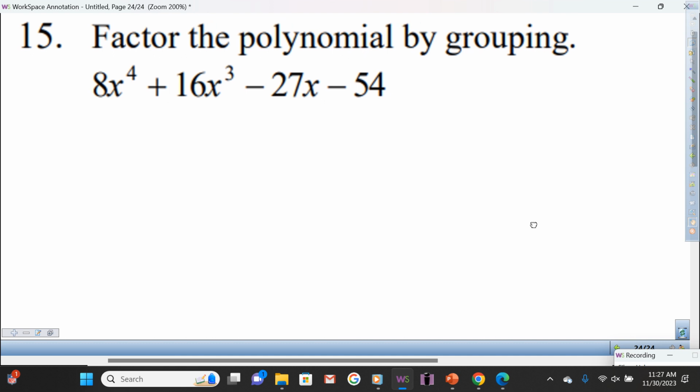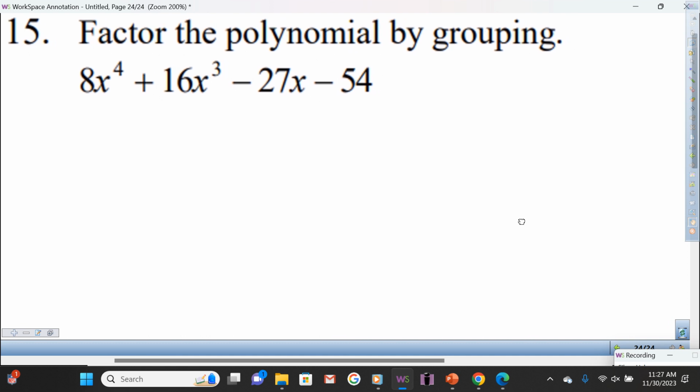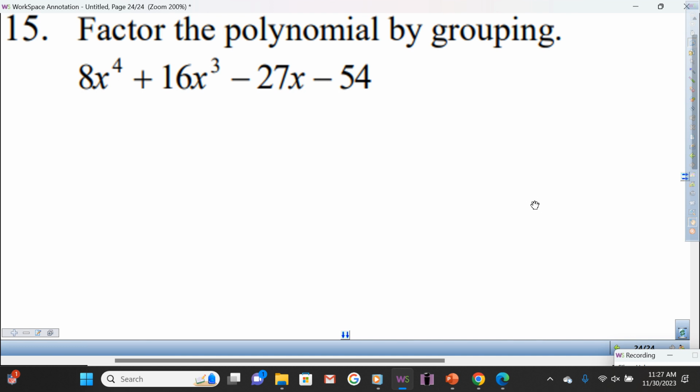All right. So remind your neighbor the first two things to check for once again. All right. So, standard form, yes. Is there a GCF?